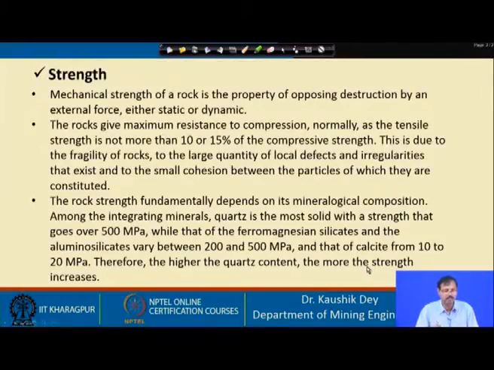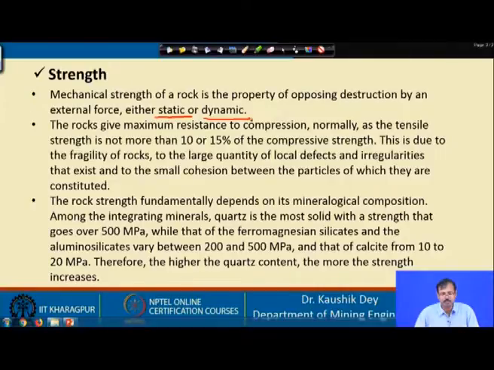The mechanical strength of a rock is the property of opposing destruction by an external force, either static or dynamic. The type of force is very important. The strength of a rock is the stress at which the rock fails.